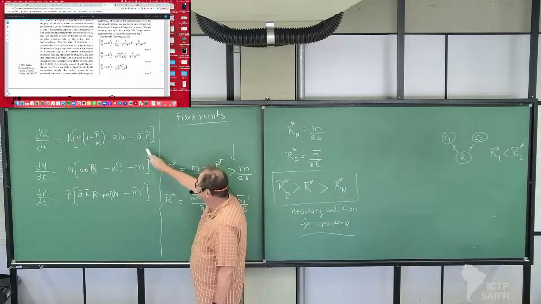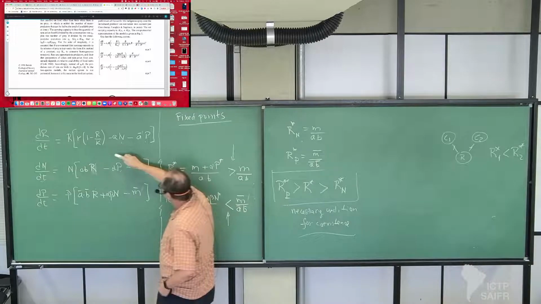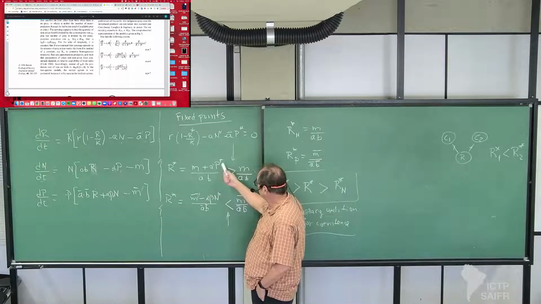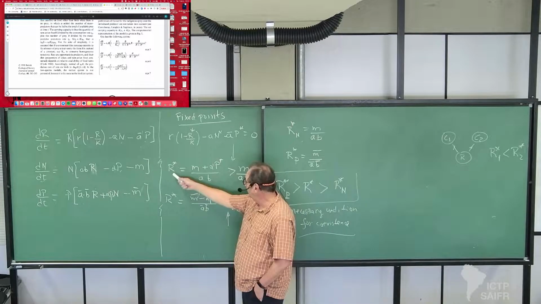There is still another relation, which comes from here. The equilibrium here would be R times 1 minus R star over K, minus A N star, minus A bar P star, equal to 0. So then you could say, I can use this one to solve for P star in terms of R star.